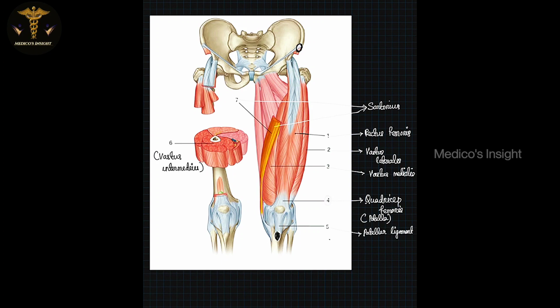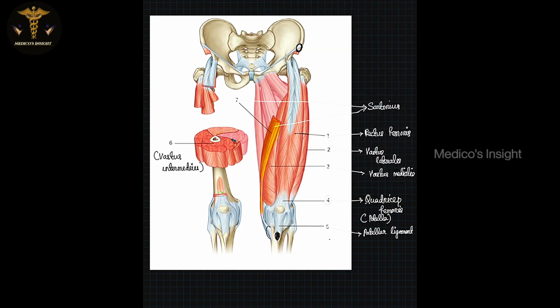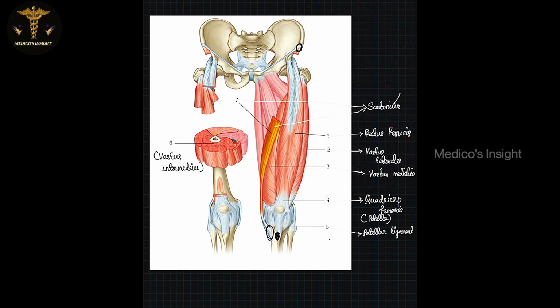The sartorius muscle is the longest muscle, and it arises from the anterior superior iliac spine and is inserted in the medial aspect of the upper part of tibia. It is the longest muscle of the body, and it is also known as Taylor's muscle.